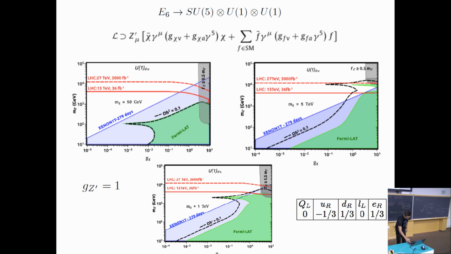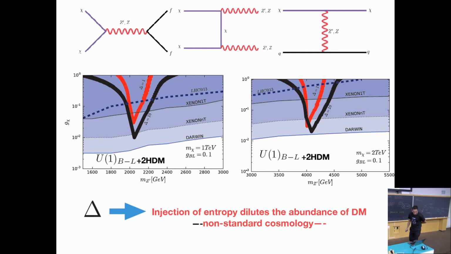Okay, the other model, for example, this one that is coming from a gauge symmetry Venus cell plus a 2 Higgs doublet model, we can see here that the incoming experiments for the direct detection rule out everything.